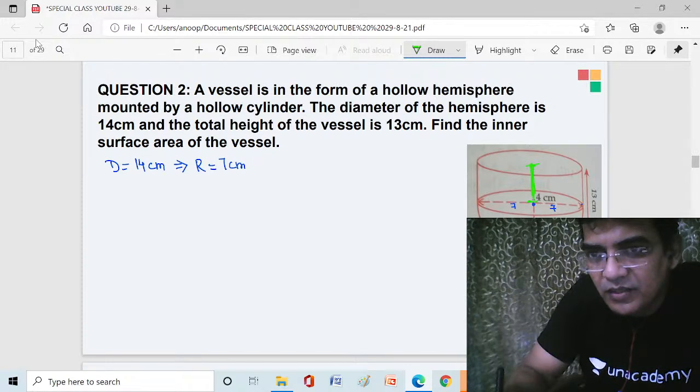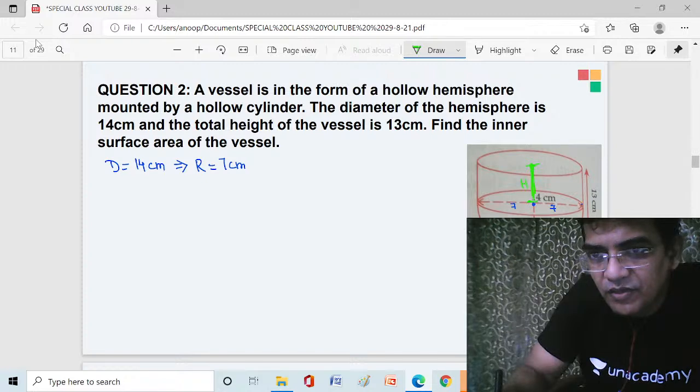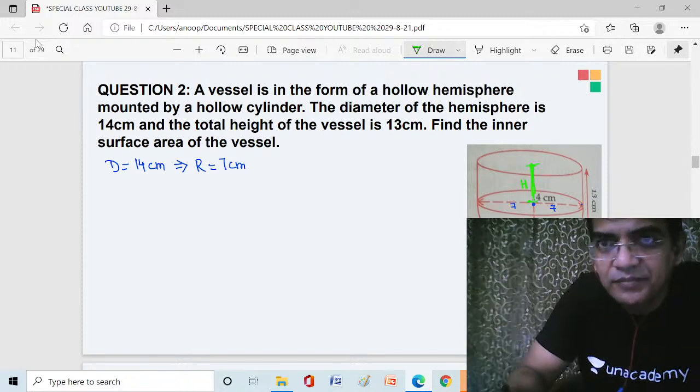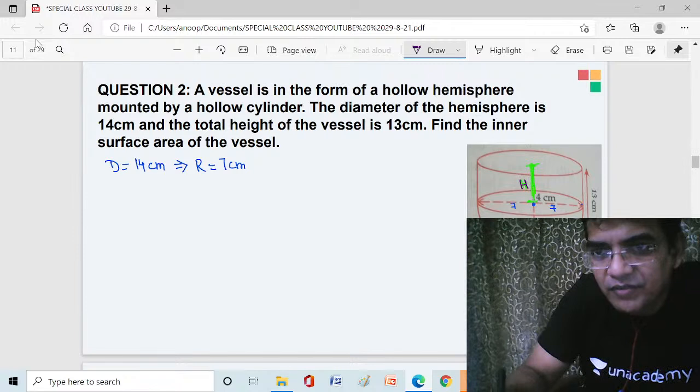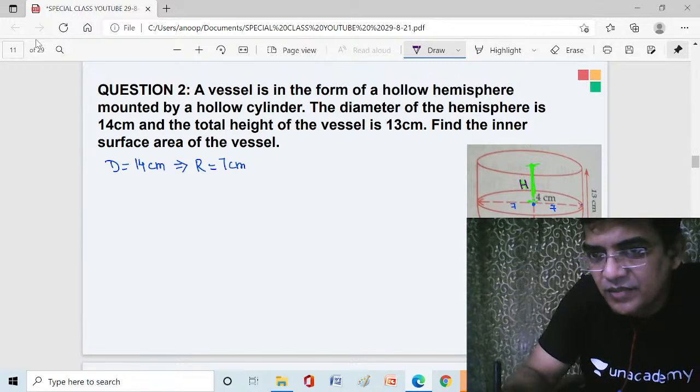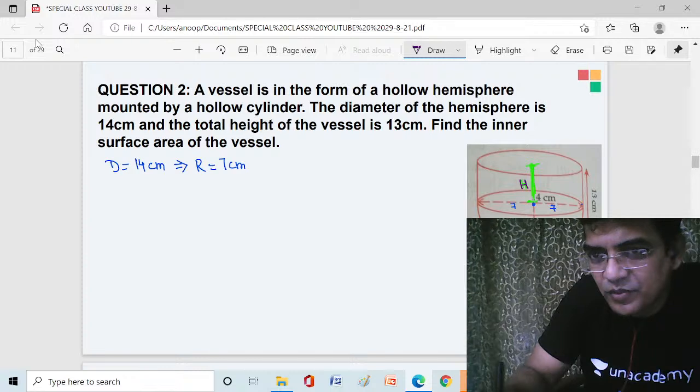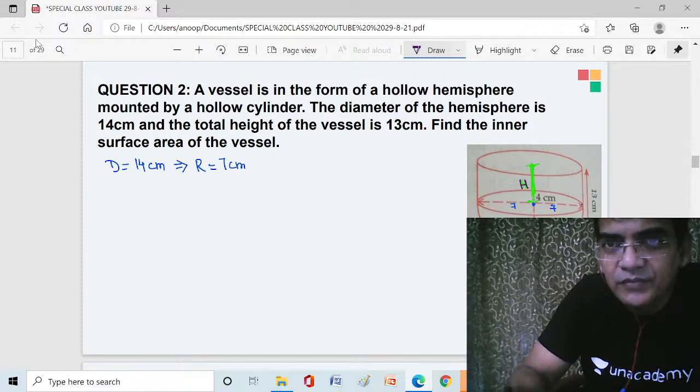So I can mark it as h, that is the height of the cylindrical part, right? So this is h, height of the cylindrical part. And this is the radius. So this is clear to you.